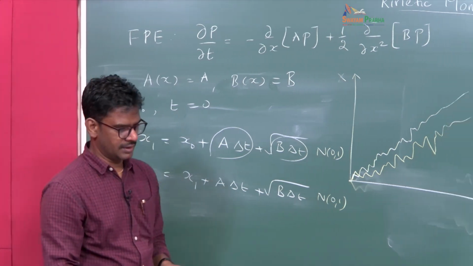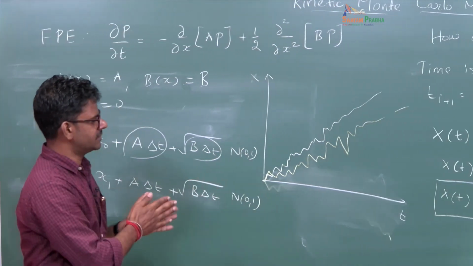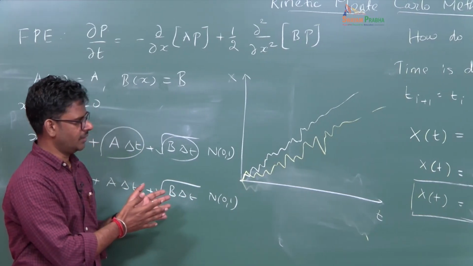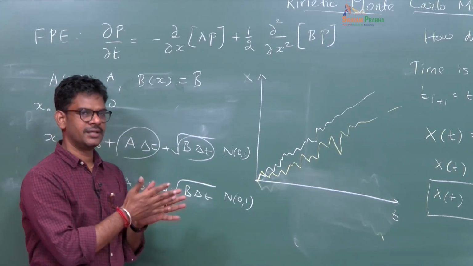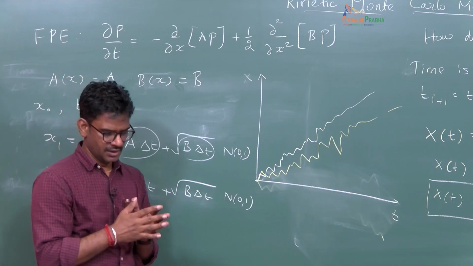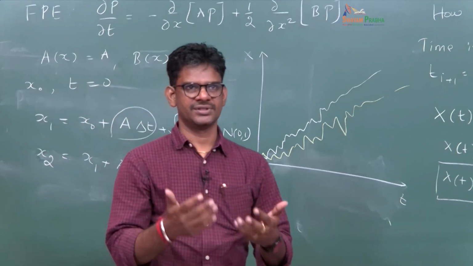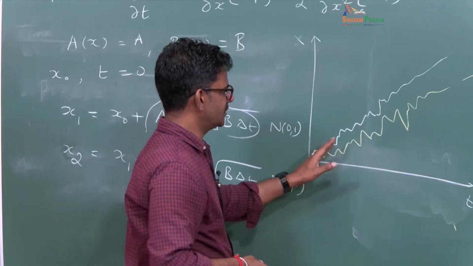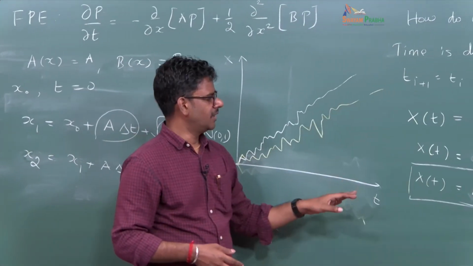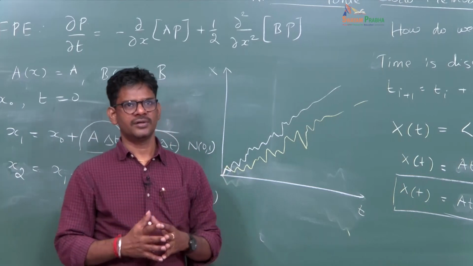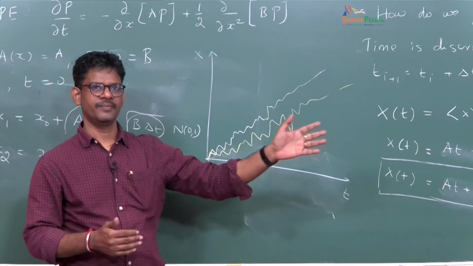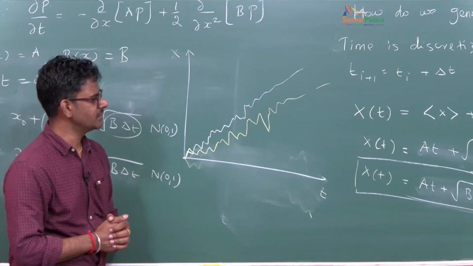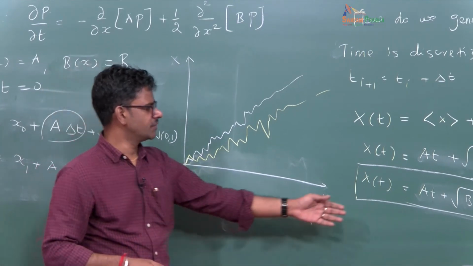So what I have shown here is how to numerically generate a realization of the stochastic system as a function of time, and that is what we call a trajectory or sample path. And we call this a kinetic Monte Carlo. Kinetic because it evolves in time, and Monte Carlo because we make use of random numbers.